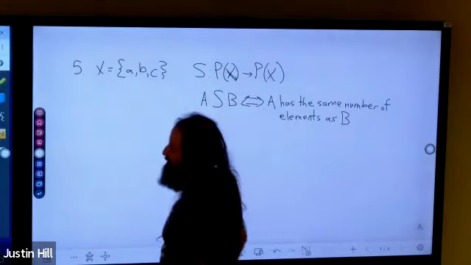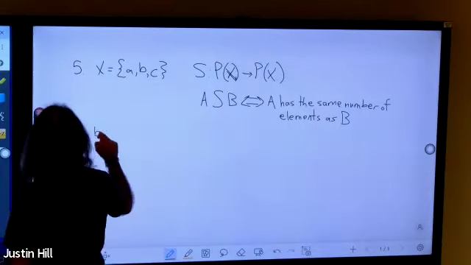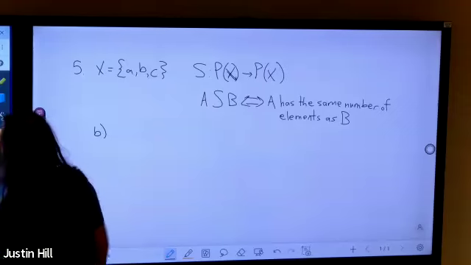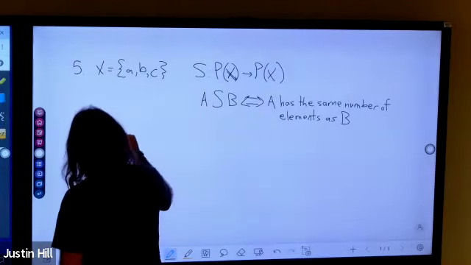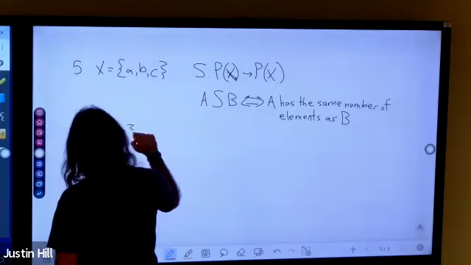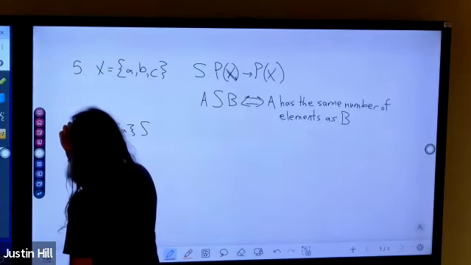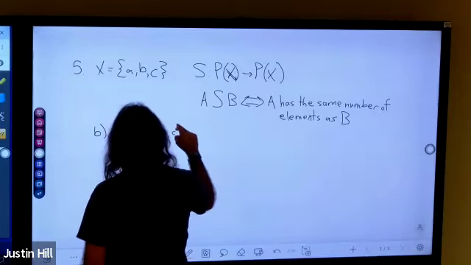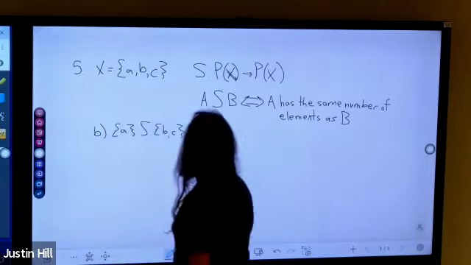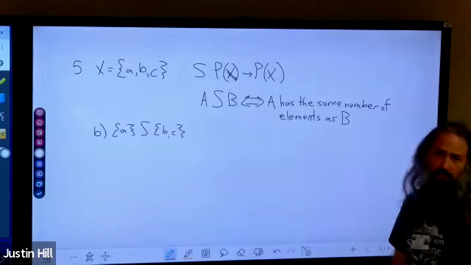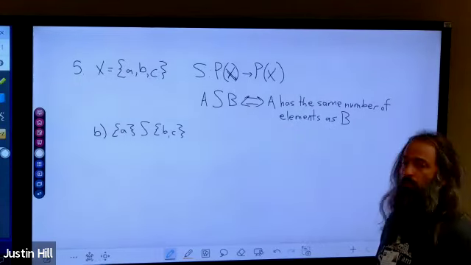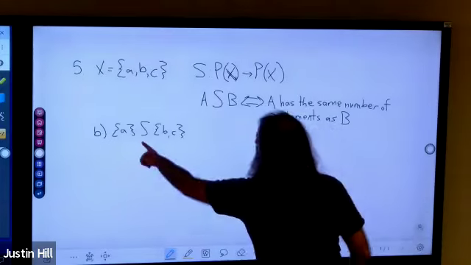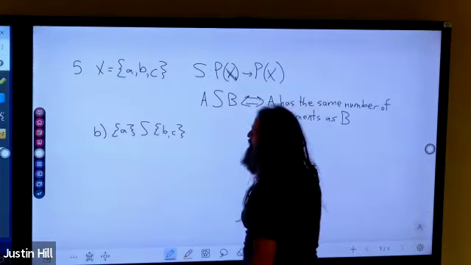So then, I think I gave you guys B and C here. Basically, B is asking, is this subset related to this subset using that relation? And so what did you guys say? Good. That would be a no because this has 1 element, this has 2 elements.